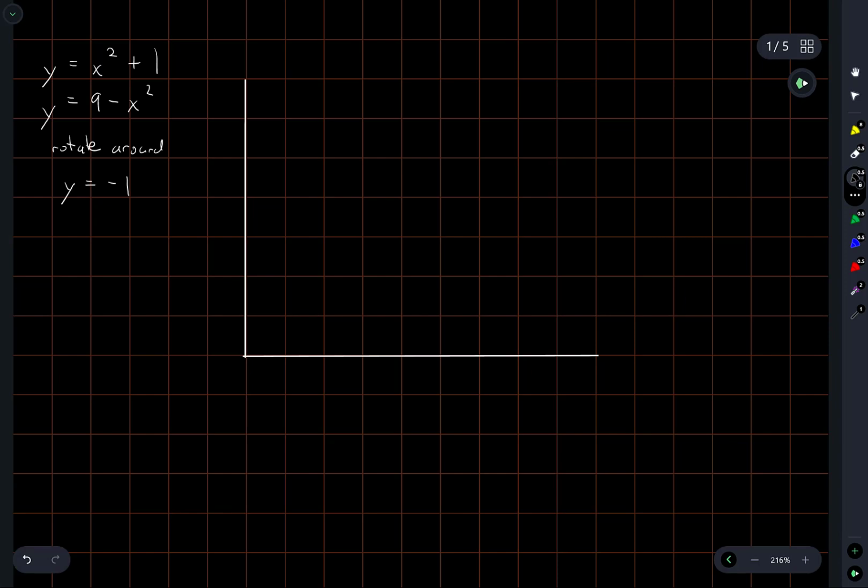Okay, so let's sketch the two curves initially that define the area being rotated. X squared plus 1 looks something like this, at least for positive values of x, and 9 minus x squared looks something like this. This is absolutely not to scale in any way.